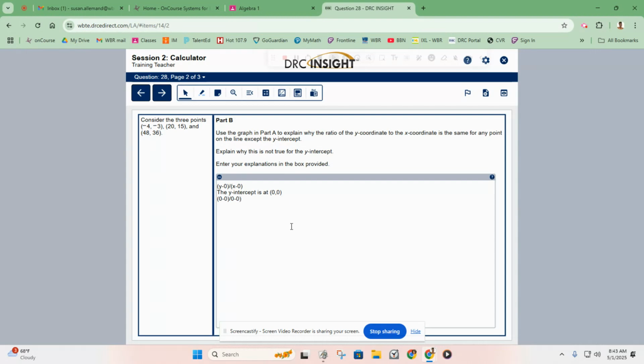Am I allowed to have a 0 in the denominator of a fraction? No, I am not. So this is not possible for the y-intercept because it is undefined when the denominator becomes 0.